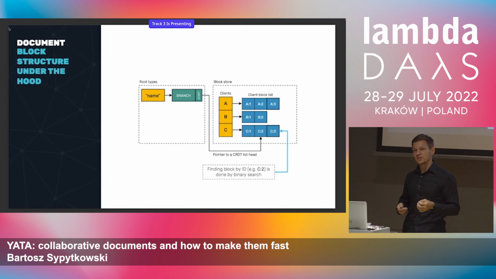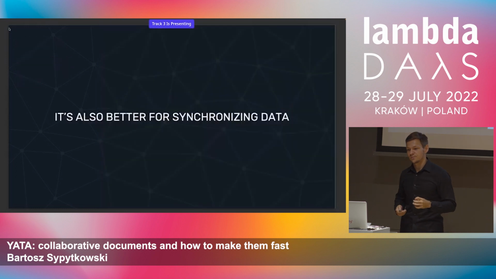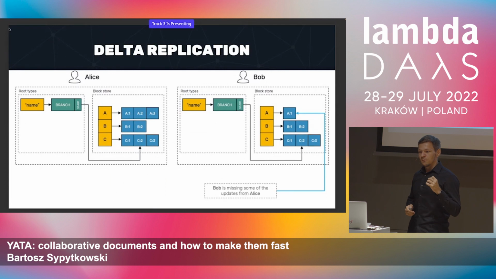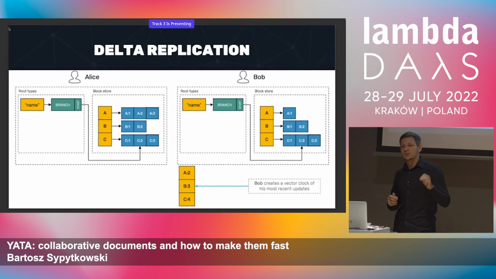And it's even better if we are propagating the updates. Namely, we have two users. As you can see, Bob is missing some of the updates that Alice has, namely A2, A3. How are we going to synchronize that? We don't want to synchronize the entire document content. So what are we going to do? Well, Bob creates something that is called a vector clock.